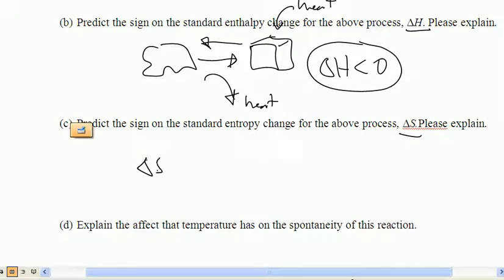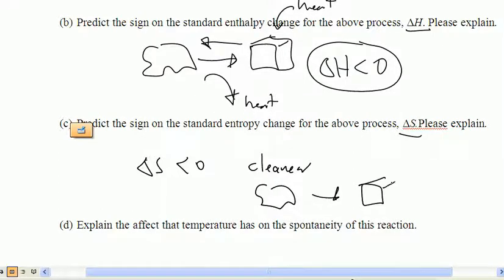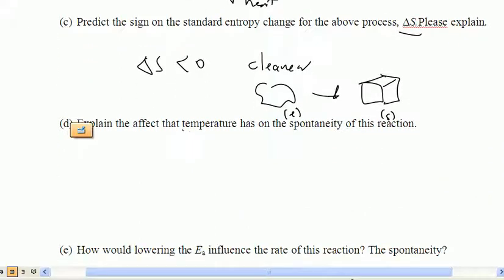Delta S is getting cleaner. You can see from this diagram above that if I had a puddle, a cube is definitely more ordered than the puddle. This is the solid, here's a liquid, here's a solid water. What effect does temperature have on the spontaneity of this reaction? Okay, we got to bring in an equation that involves temperature then. Okay, we know that this is negative, and we know that this is negative, making this positive.